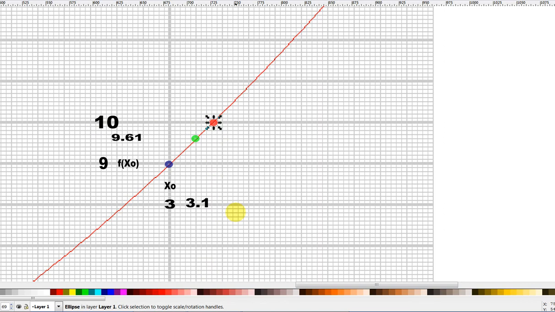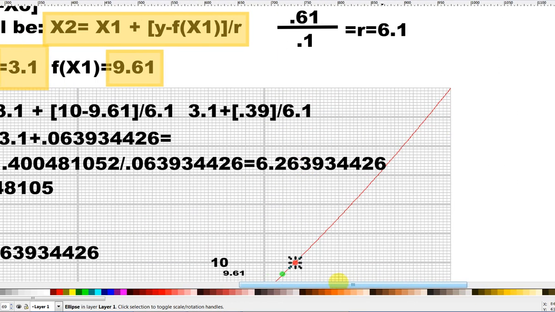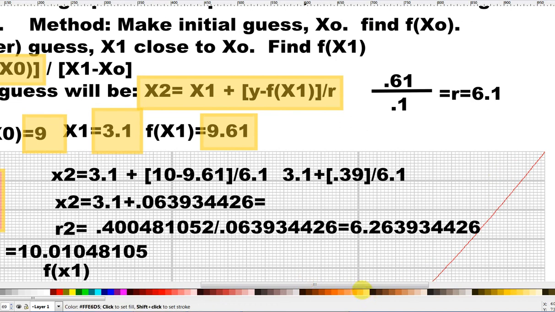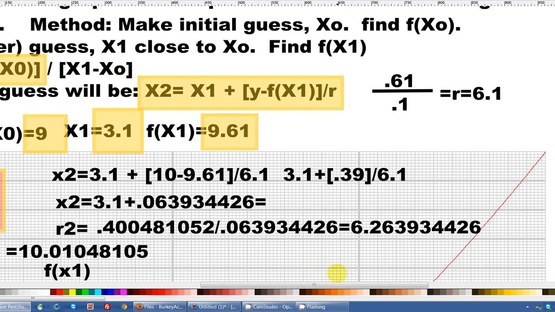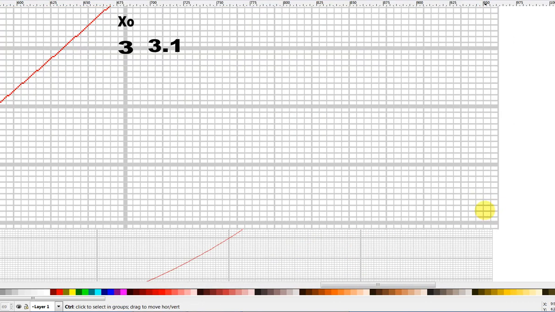So what is Newton's method doing? Let's look at the steps that it had us go through. So what it asked us to do was to calculate this number r. So let me move some of this stuff down here so we can see it. And it said r is, take the difference between f of x1 minus f of x0. Well, what is that doing? Let's see.